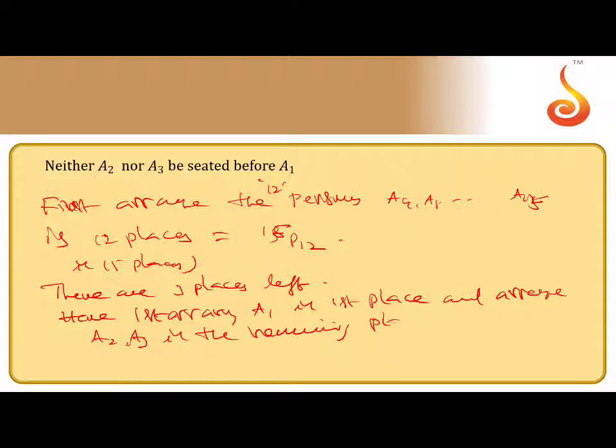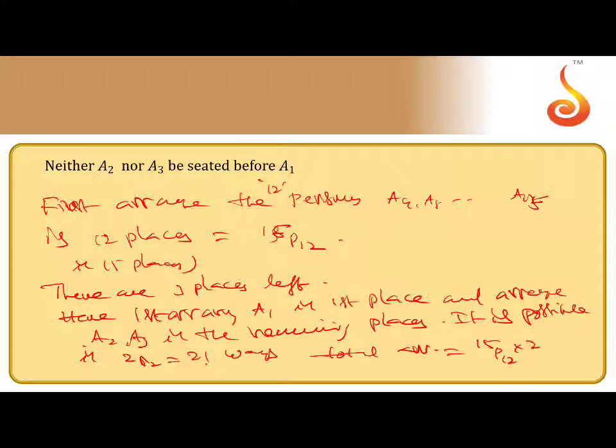That is possible in 2P2, that is 2 factorial ways. So the total arrangements altogether will be 15P12 into 2, that is 2 into 15 factorial by 3 factorial, is the answer here. So check the answers.